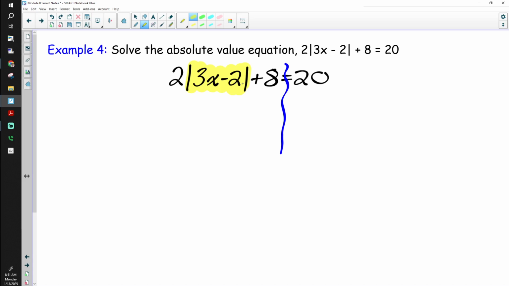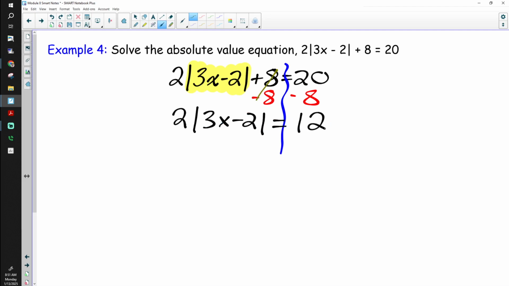The absolute value needs to be all alone before I can set up case 1 and case 2. So we know how to move the plus 8, easy peasy. How do we move the plus 8? Yeah, we do the opposite, minus 8. Just like we were doing for that, easy. Left with 2, absolute value of 3x minus 2 equals 12. Okay, easy peasy, just like we've been doing.